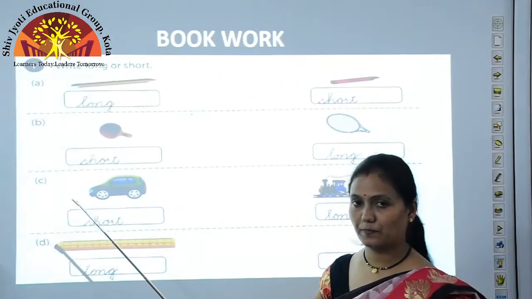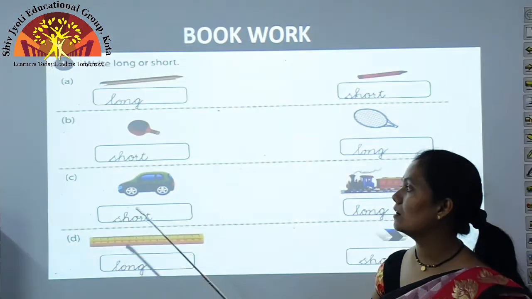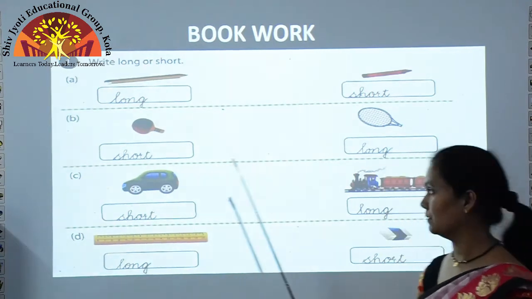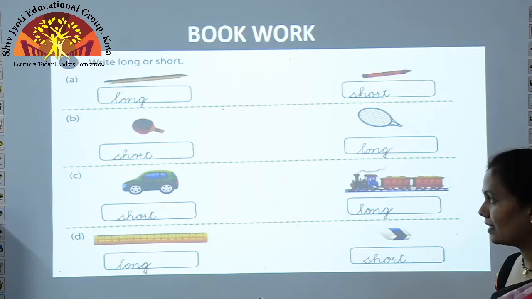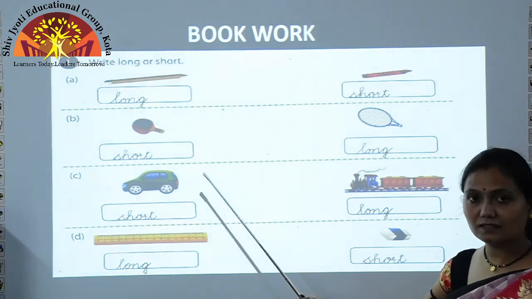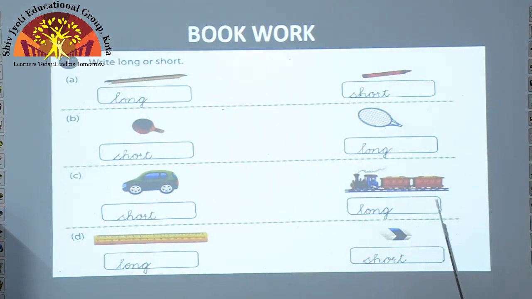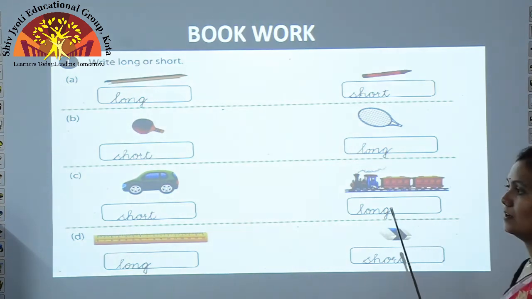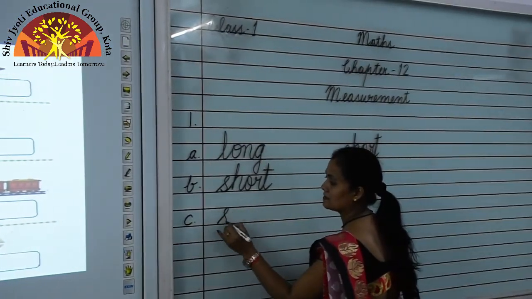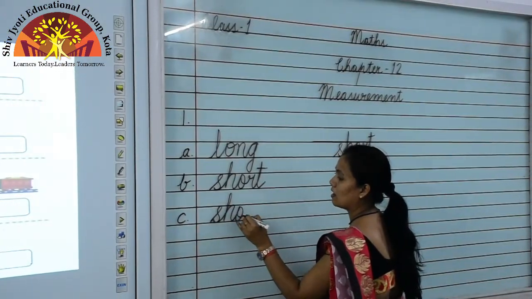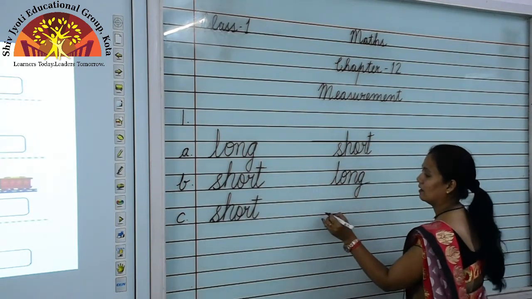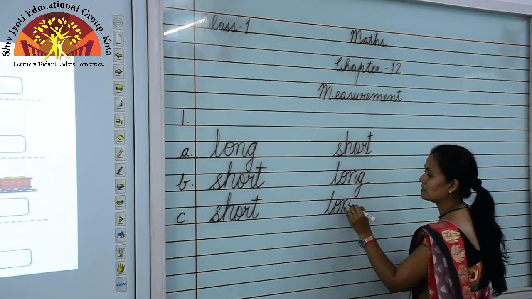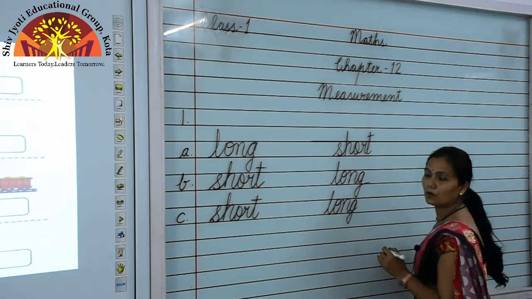Now C. Here this is a car and this is a train. Now you can see car is short and train is long. So write down S-H-O-R-T, short, below car, L-O-N-G, long, below train.